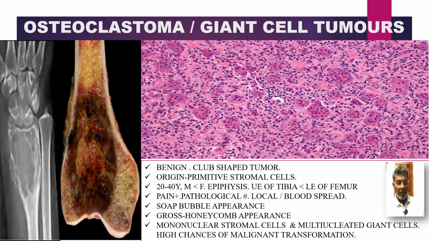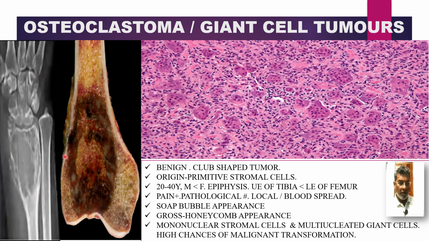This is one more interesting point about giant cell tumors. As the tumor is present, there will be pain and frequent fractures. So pathological fractures are common in these giant cell tumors, and the spread is by local spread or by blood spread. On radiology, we can appreciate the tumor.